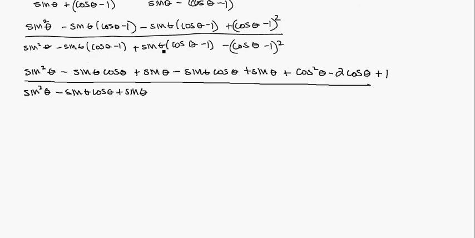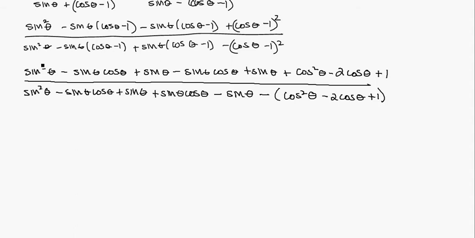So now those two is plus sine theta cosine theta minus sine theta minus, I'm going to multiply this and put a negative up front. So I get cosine squared theta minus 2 cosine theta plus 1 quantity.